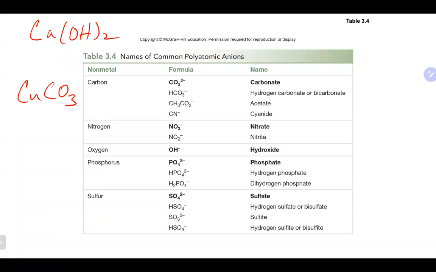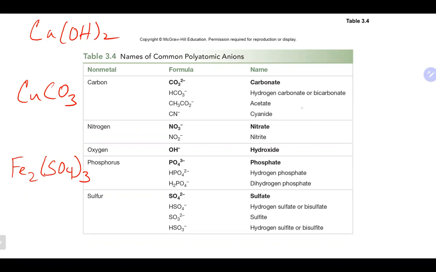Let's do Fe2SO4. All right, so why don't you give that a try? Give the proper names for those.